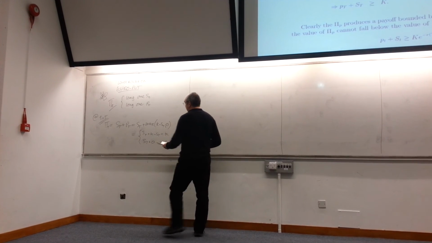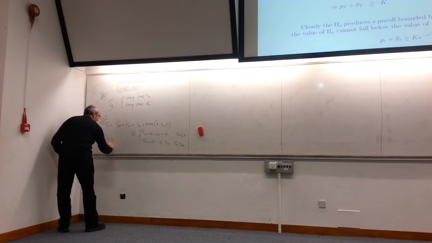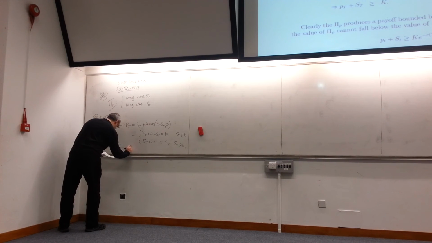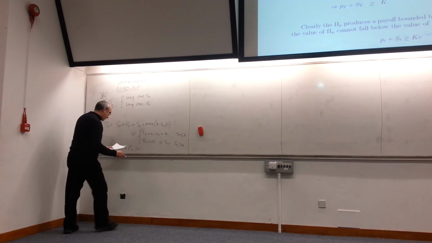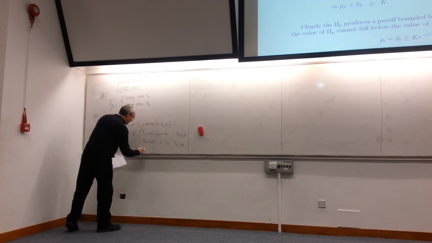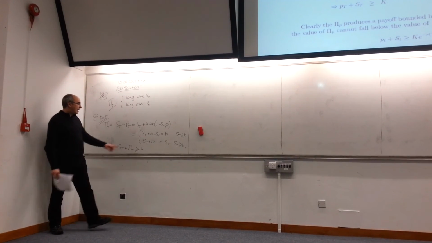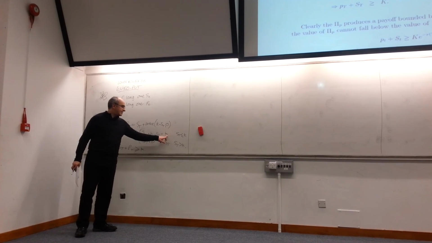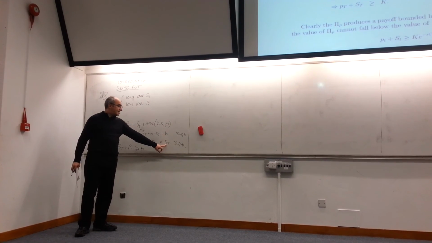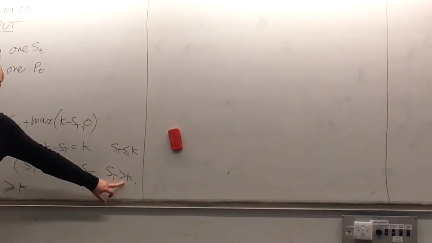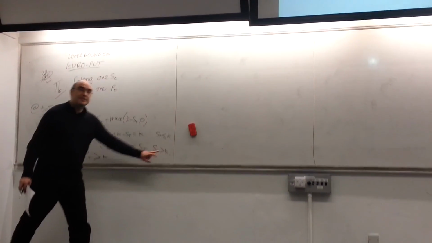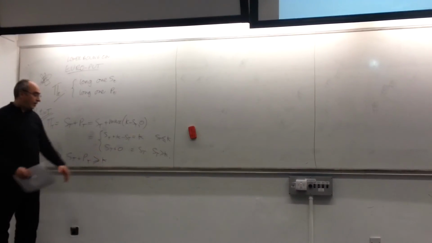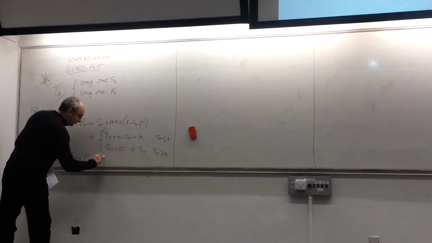So the thing that we can conclude is that S_T plus P_T has to be greater than or equal to K. Why is that? Well, it's certainly equal to K if S_T is less than K, and it's equal to S_T, which is greater than K, in the other case, so therefore it has to be greater than or equal to K in both scenarios.